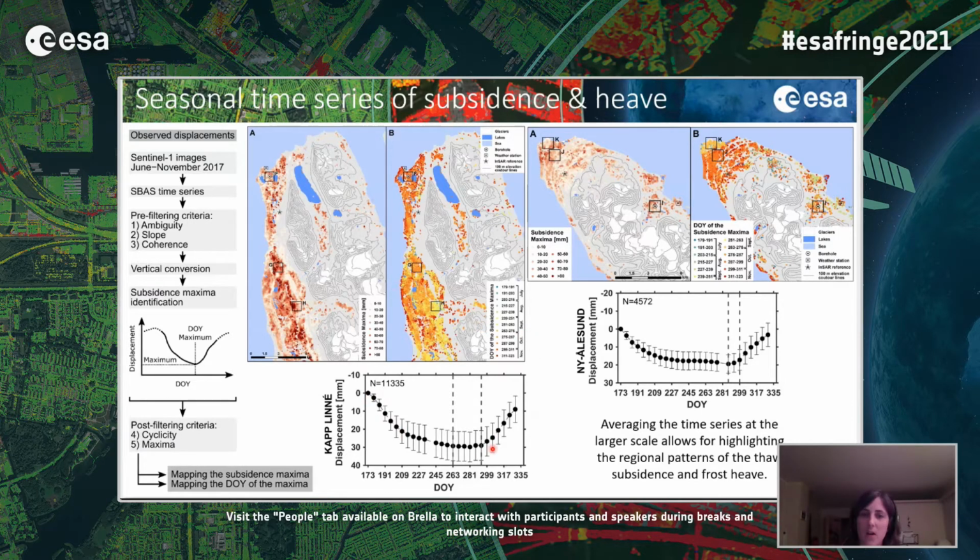So these series here are now the regional averaging of the series for this area, and the vertical lines show the interquartile range of the day of the year of this maximum.